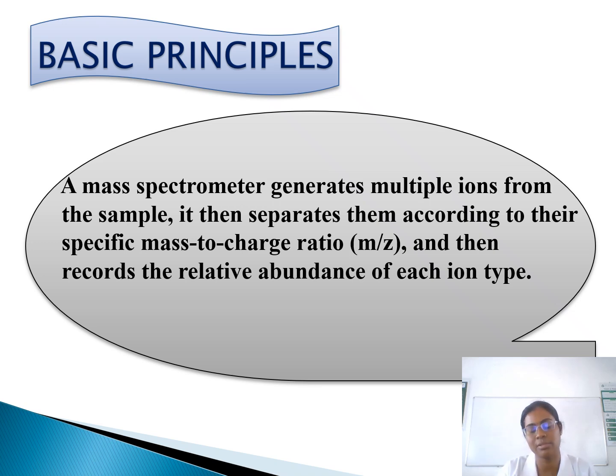Using gaseous ions, liquid solvent, solid, whatever it is, the mass spectrometer generates multiple ions from the sample. Finally, they are separated according to their mass to charge ratio, and the relative abundance of each ion type is recorded. Each ion type class is finally detected.